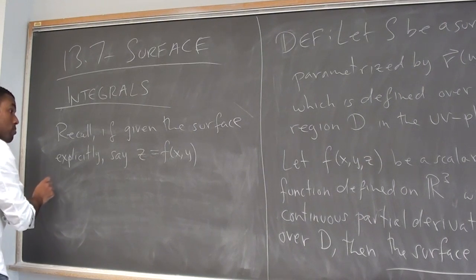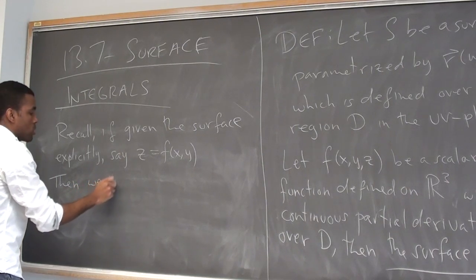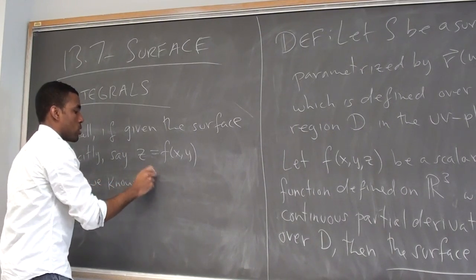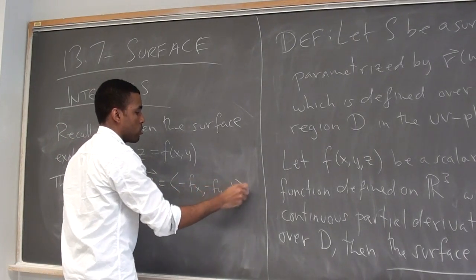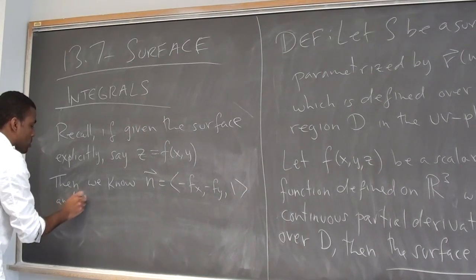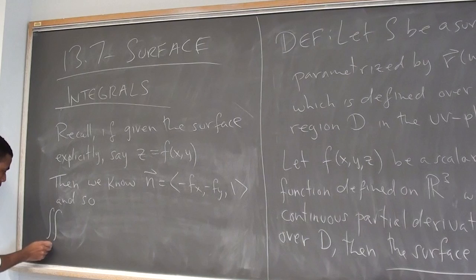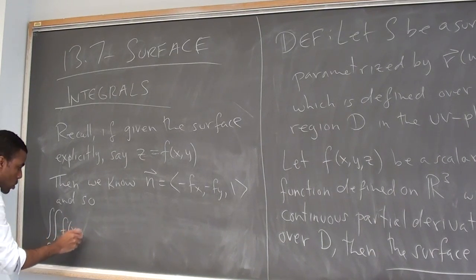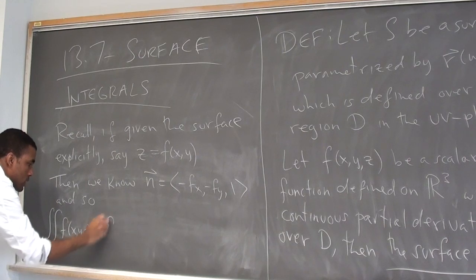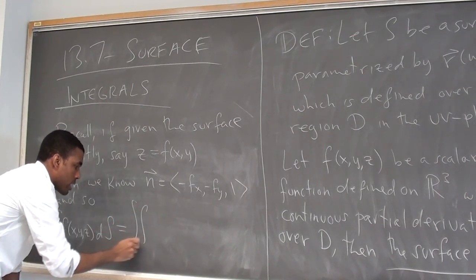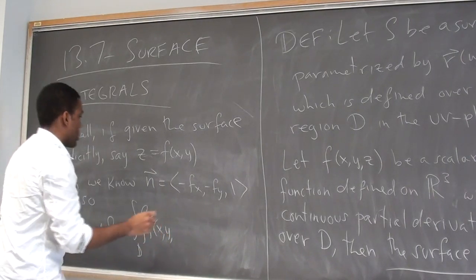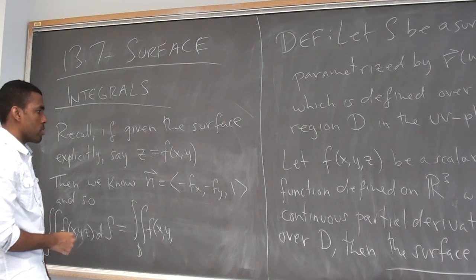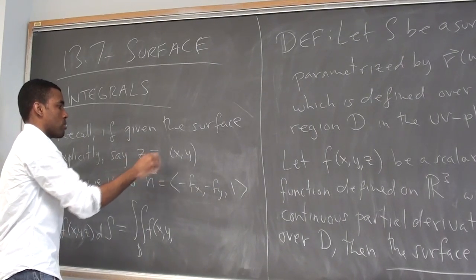Then we can say your normal vector can be given by minus f_x, minus f_y, positive 1, and so the double integral over S of f of x, y, z dS, you can actually also write that as f of x, y. I already used f here. Let's call this a different way.